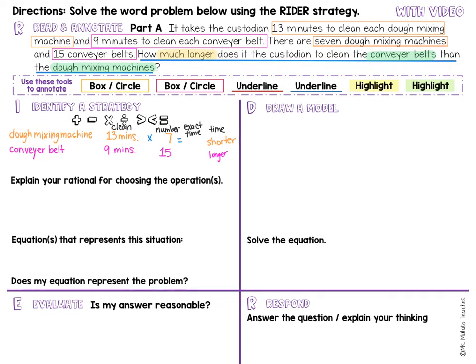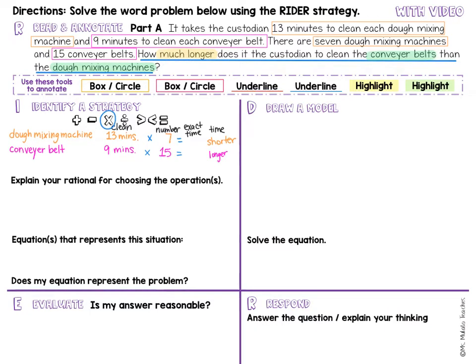Same thing with the conveyor belts. We can multiply the minutes times the number of machines to get the exact amount of time that it takes to clean each type of machine. Now, just finding the exact amount of time for each will not answer our question. We have to know how much longer it takes for the conveyor belts. So we know the first step that we're going to do is multiplication.